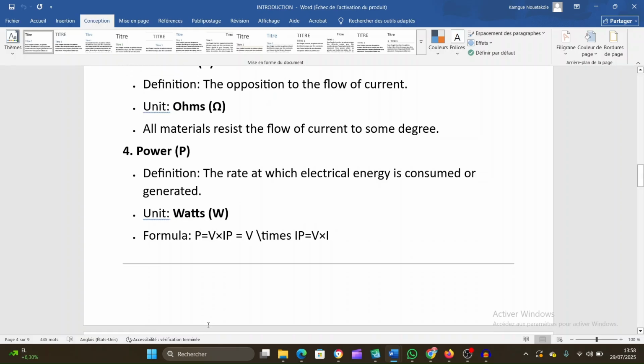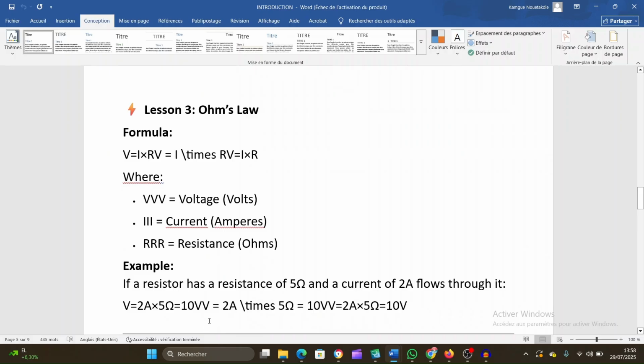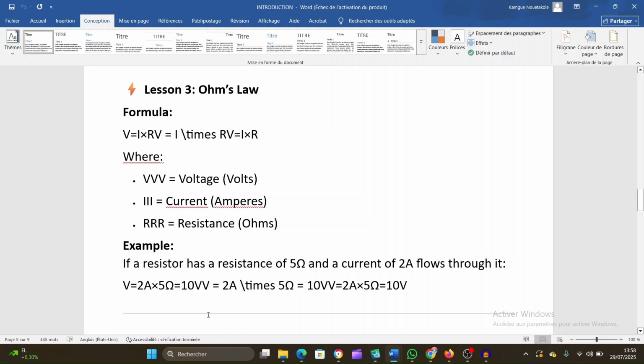Because the Ohm's law formula is V equals I times R. If you want to use it in terms of units, U stands for IR.